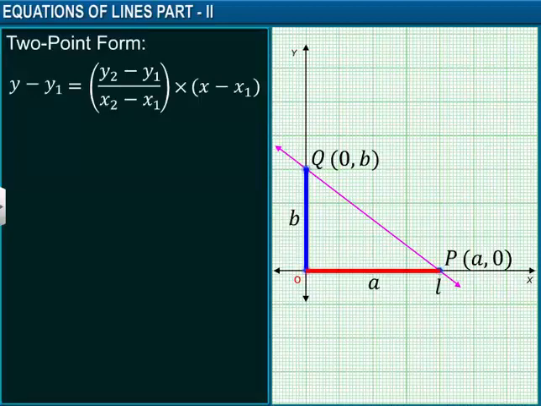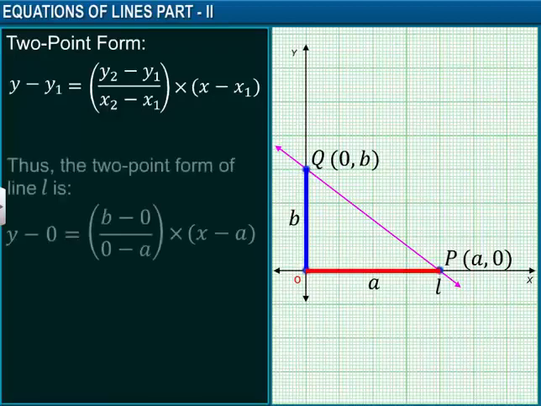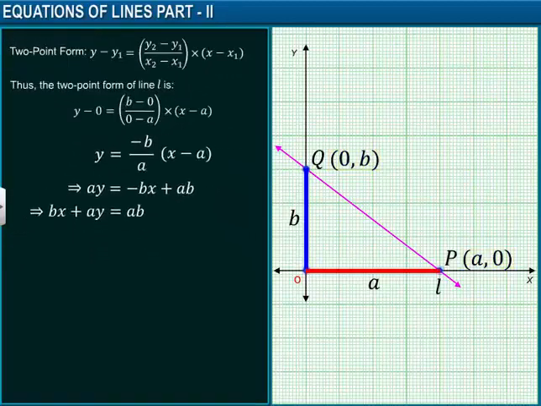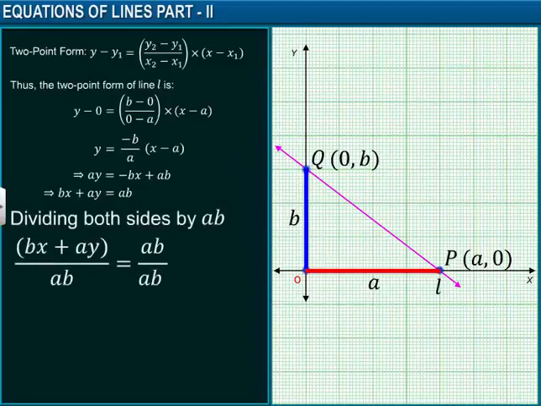Substituting the coordinates of points P and Q in the two-point form and simplifying, we get the intercept form of the equation of a line as x/A + y/B = 1.